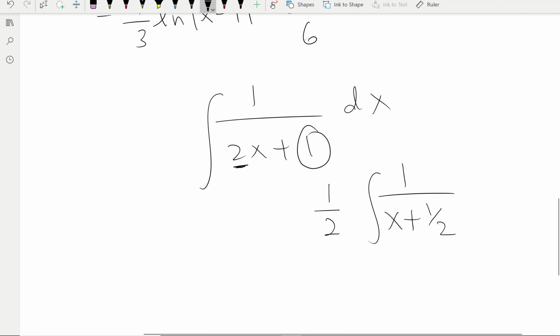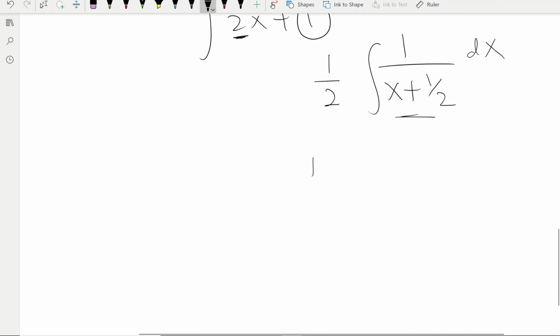Because you are pulling 2 out of the whole expression, it's going to be 2 times x plus one half, so x plus one half should be left here. Now you can do the integration. It's going to be one half natural log of x plus one half. So it's the same answer. It doesn't matter what method you use, it turns out to be correct.